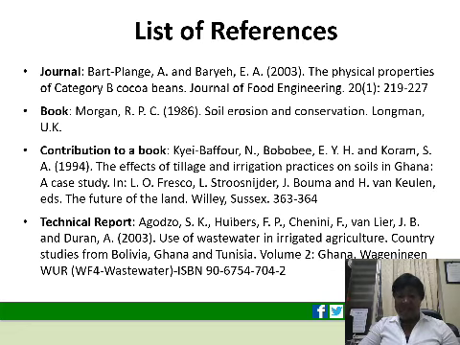The title of that book is Soil Erosion and Conservation, published by Longman, and this publisher can be found in the UK. So this is how you cite from a book, and as you go on, you see the different ways to cite from different types of resources that are available to you.